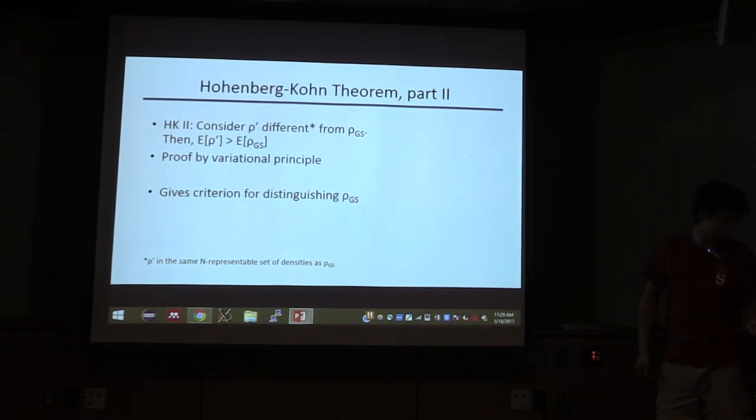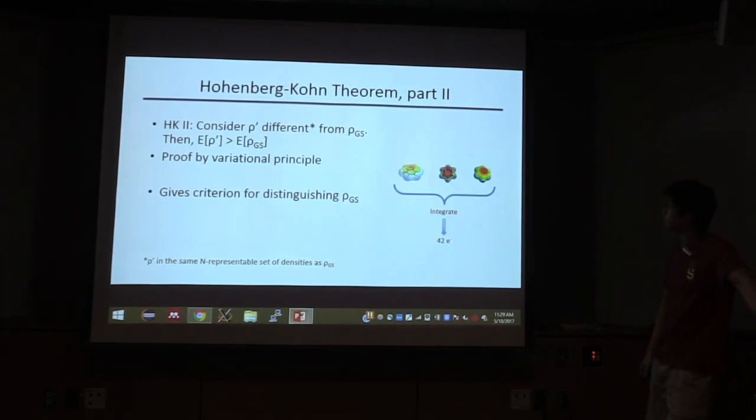All right, and then I just want to briefly point out a detail. Basically, this asterisk just means, to be rigorous, I mean different in the sense that the densities still integrate to the same number of electrons, so they're part of the same N-representable set.